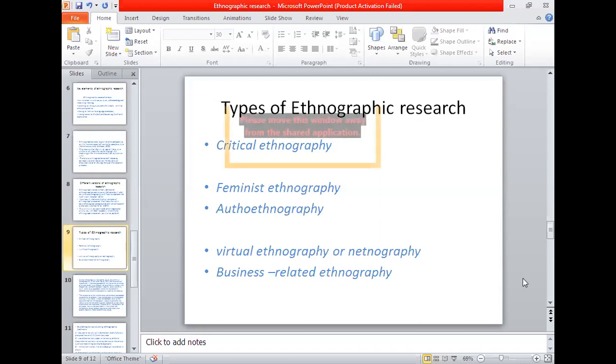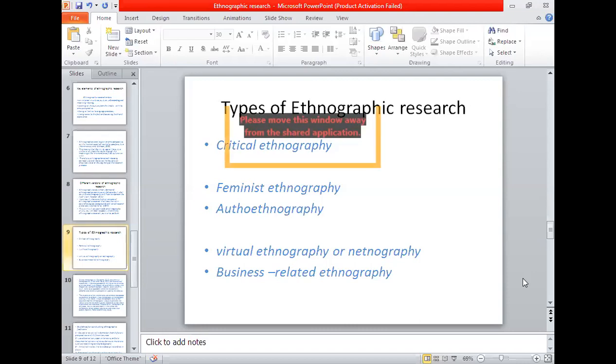Virtual ethnography or netnography. Now look, netnography and virtual ethnography exist because of the excessive use of social media and different types of web media. हम इथनोग्राफी इस तरह से भी करते हैं कि उसमें जो नेट के ऊपर जो अगर आप सोशल ग्रुप्स बने हुए हैं उनको अंडरस्टैंड करना चाहें.